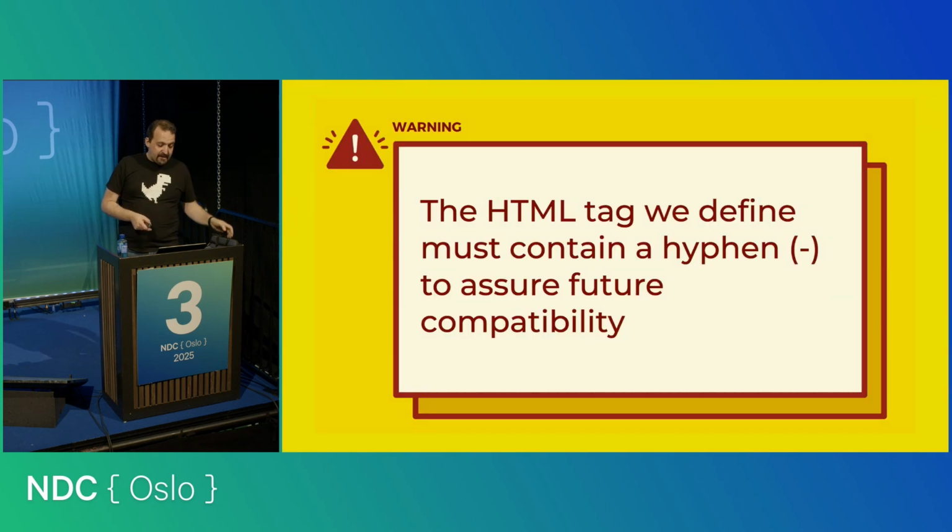Something important is that to be future-proof, so compatible with the future, your HTML tag, so the name of your element, must contain a hyphen. So for example, if you create now a component for, I don't know, a slider, or double slider. If you call it slider and that is not in HTML this day, what happens in the future?